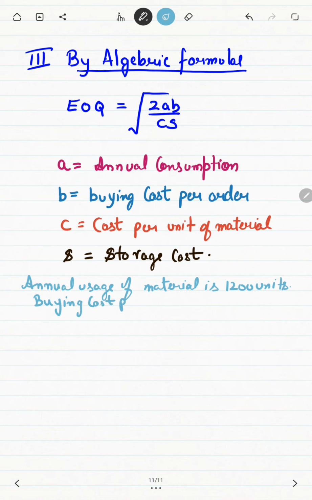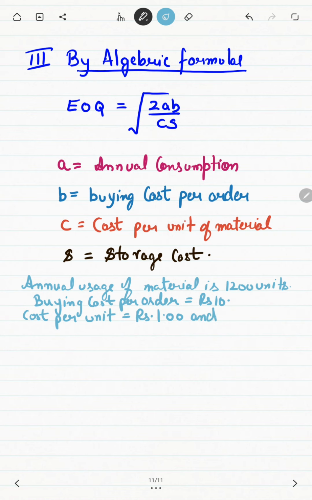The price per unit is rupees 1 regardless of the quantity purchased. So cost per unit is equal to rupees 1.